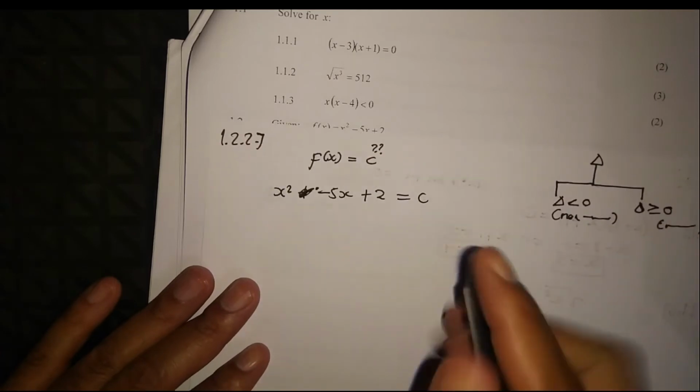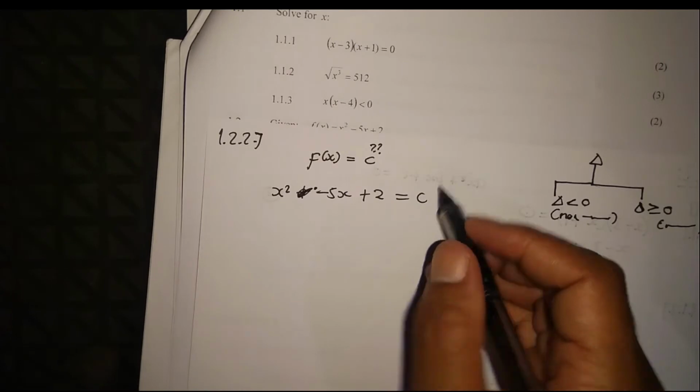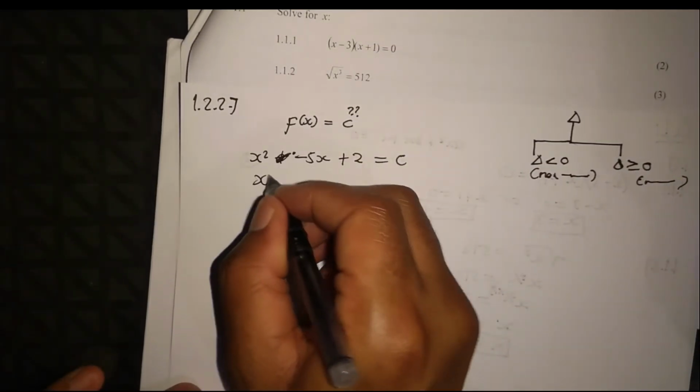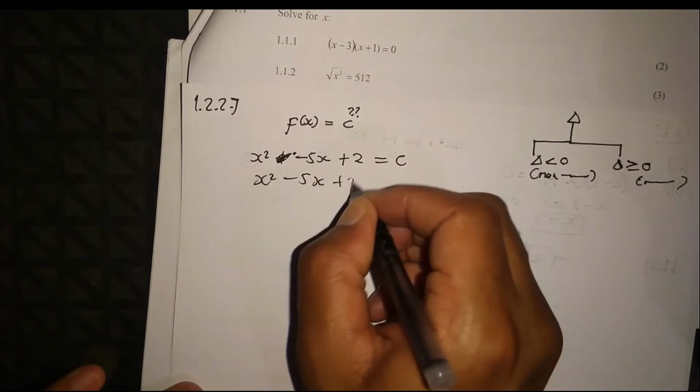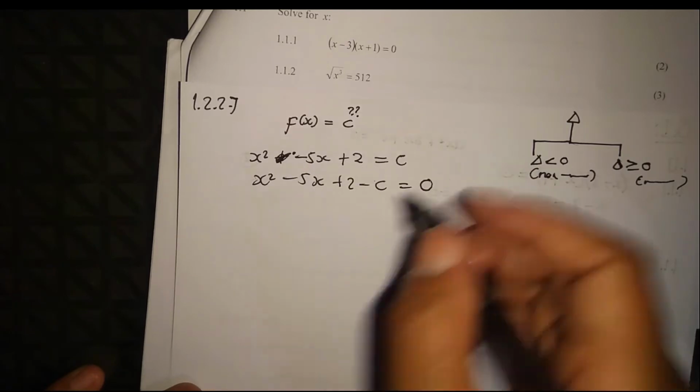Check the argument. This is a quadratic equation, and in a quadratic equation the c must come to this side. So we get x squared minus 5x plus 2 minus c equal to 0.